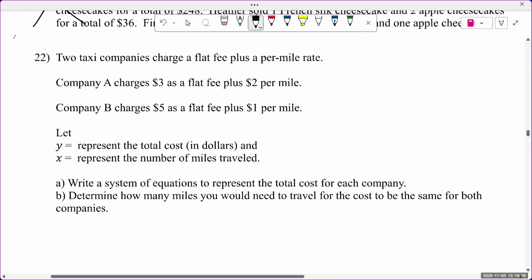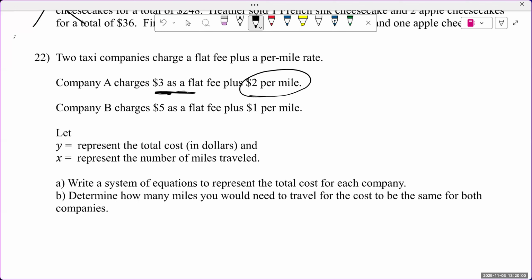Okay. So $3 flat fee, $2 per mile. One of those things happens once. One of those things happens again and again and again, and it's going to have the variable. So the part with the x, which one of those goes with the x? The one that repeats.